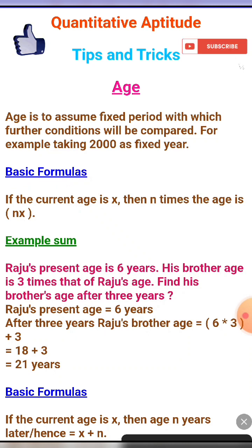Basic formula: if the current age is x, then n times the age is nx. It is complicated, but we will learn by example. Okay?